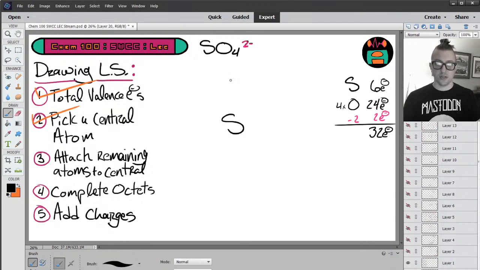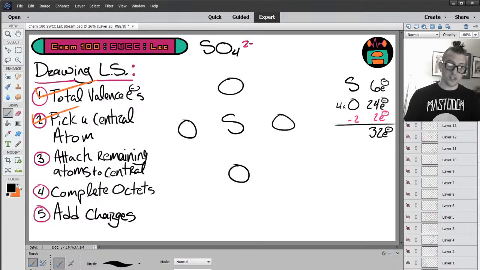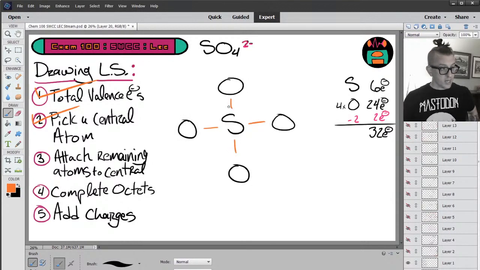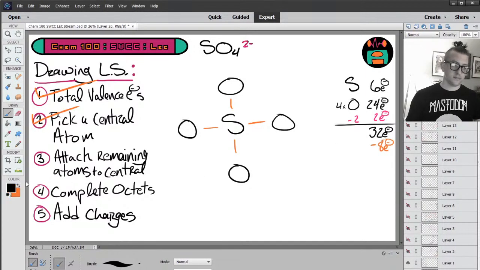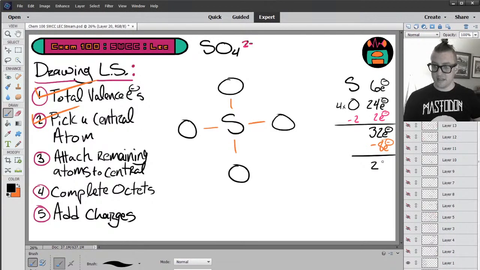So attach all 4 of our oxygens, and this is going to cost 2, 4, 6, 8 electrons out of our budget. 32 minus 8 is 24.